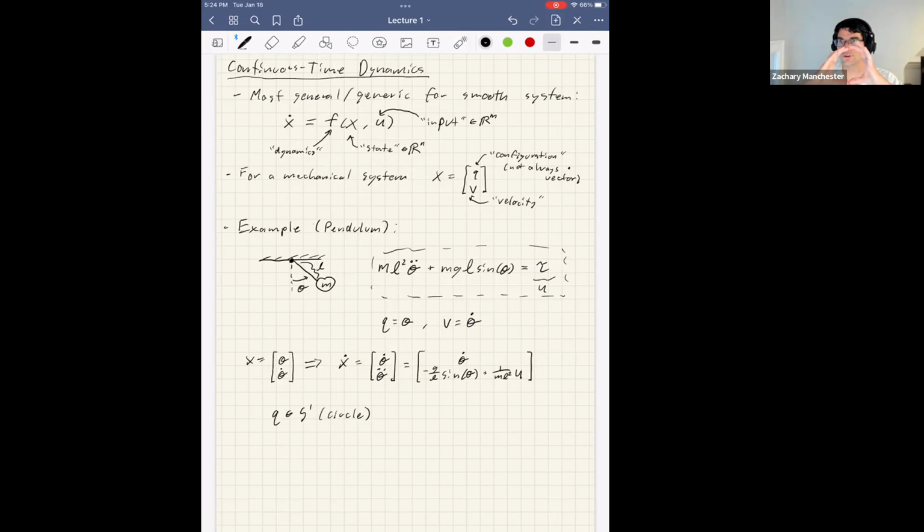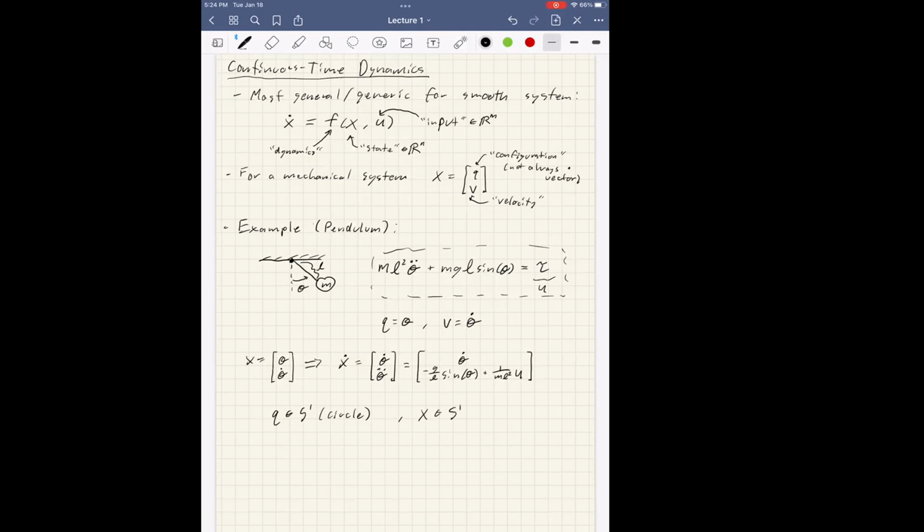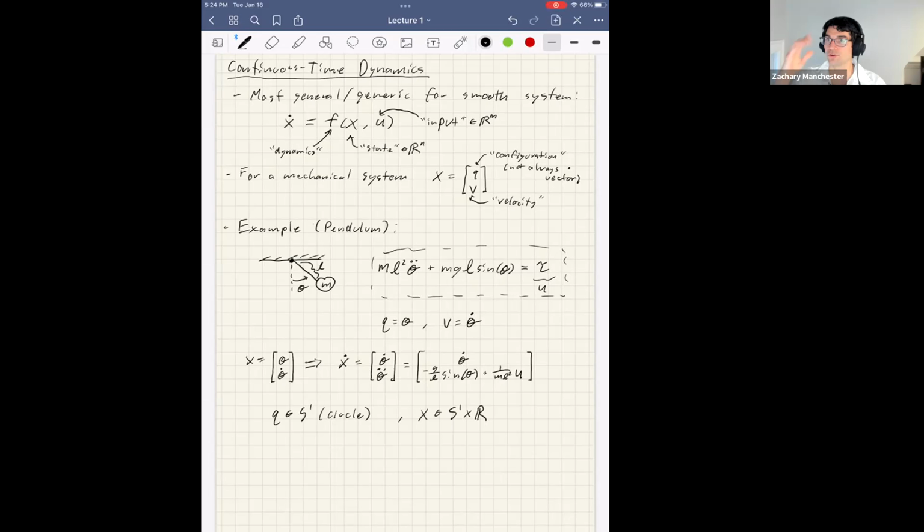So think about the circle. The velocity vector is tangent to the circle, so it's this tangent line at any point on the circle. So the state space here is S1 cross R. It's the circle, and then at every point on the circle, the velocity is just R. Topologically, if you think about that geometrically, that is a cylinder.